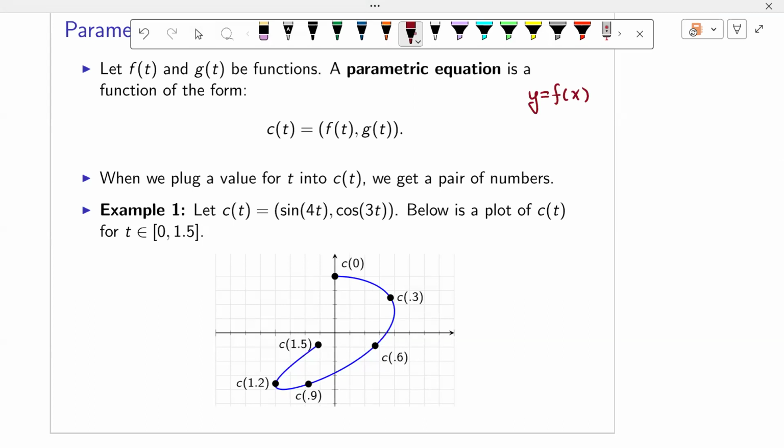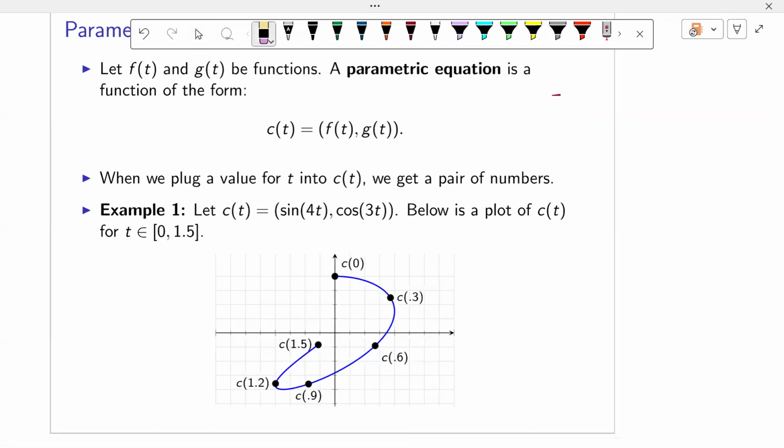But there are other types of functions you can make that are a little more sophisticated. Functions like this one, a function c of t. And c of t is not just a single number, but a pair of numbers. It's a weird function. You plug in a number and you get out a pair of numbers. That's the main difference here.